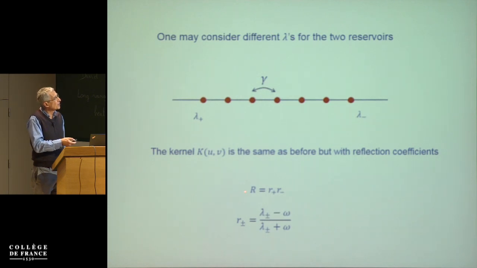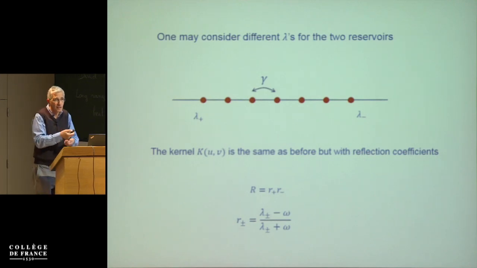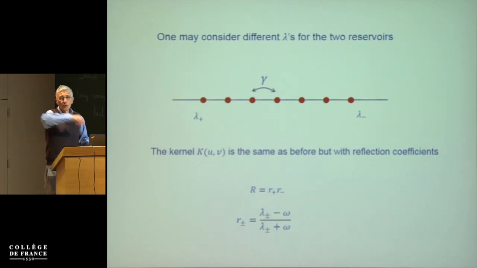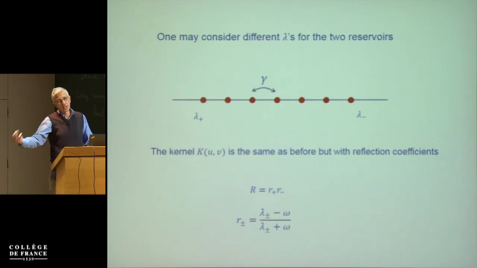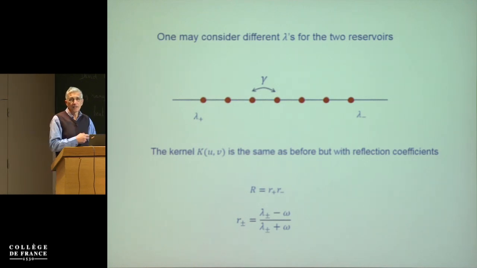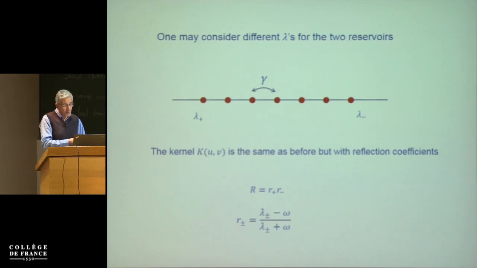Basically, the reflection coefficient becomes now R plus times R minus, where R plus and minus are just the lambda plus and minus over that. So it's a function of the product of the two, because it's just these waves going back and forth. They have to be reflected once from the right, once from the left, and they basically fill both reservoirs in this way. So you get the same result, except that you have that.